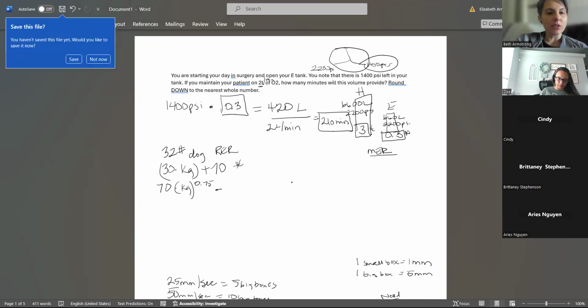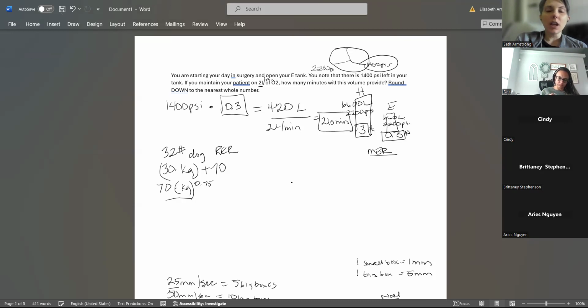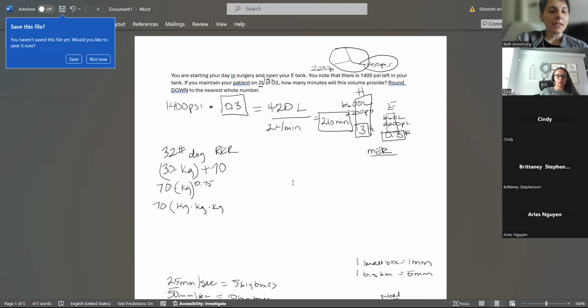Okay, so let me show you really quick the easiest way you can do this one and not be as confused. All right, so we have 70 times kilograms times kilograms times kilograms, and then we square root it twice.